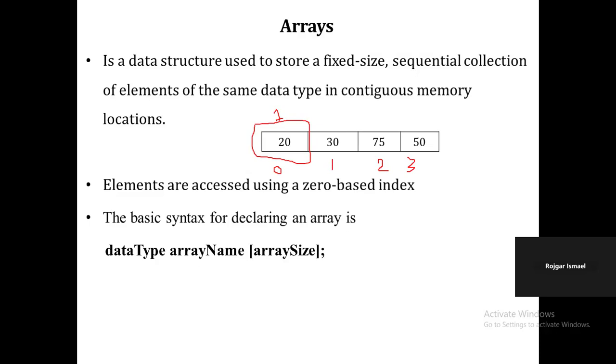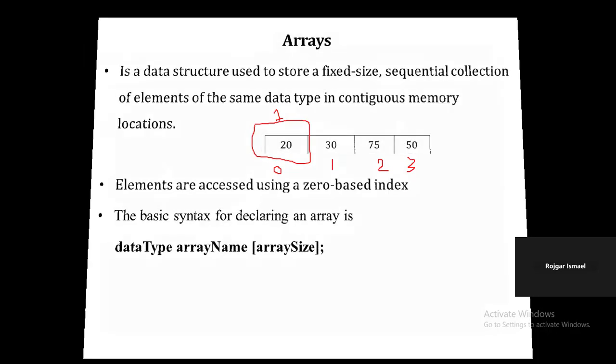If you come back to the example, we have 20, 30, 75, 50. It means 4 elements, so 4 would be the array size. This is the size of your array.